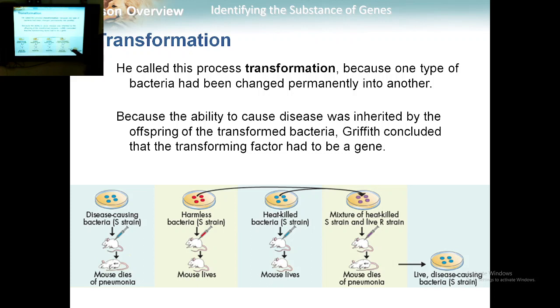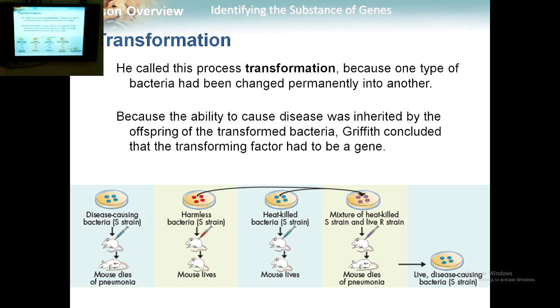When he took a sample from the lungs of the dead mouse and grew it, he found that the bacteria on the plate was live S strain, or live disease-causing bacteria. He called this process transformation, because one type of bacteria had been changed permanently into another.